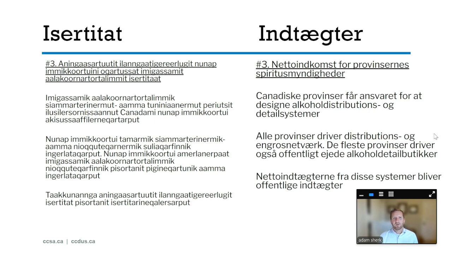But now you can think about it: these retail stores and distribution networks are publicly run. They create an income like any business would. And when they're publicly run, the net income from these systems becomes government revenue, and it's returned to the provincial or territorial government. And so that is the third component of those three main sources of revenue from alcohol sales.